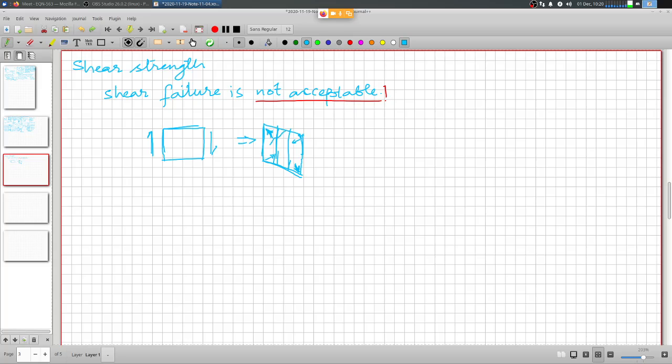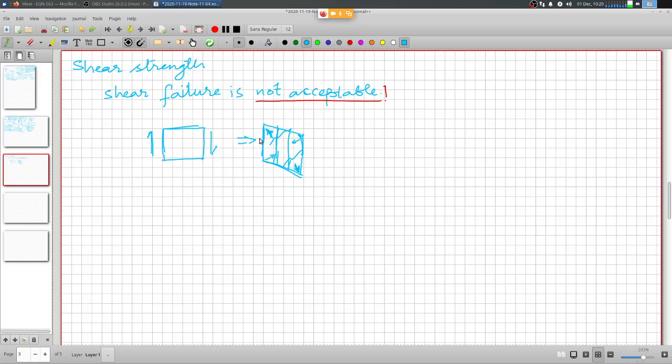The diagonal tension cracks which would otherwise happen will not be there, and that is very important in controlling the cracks.